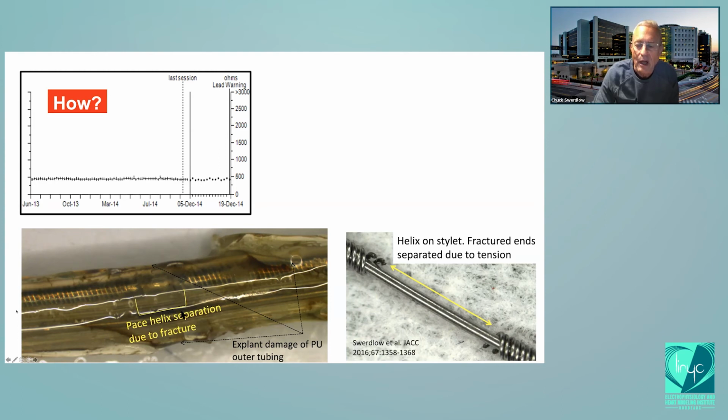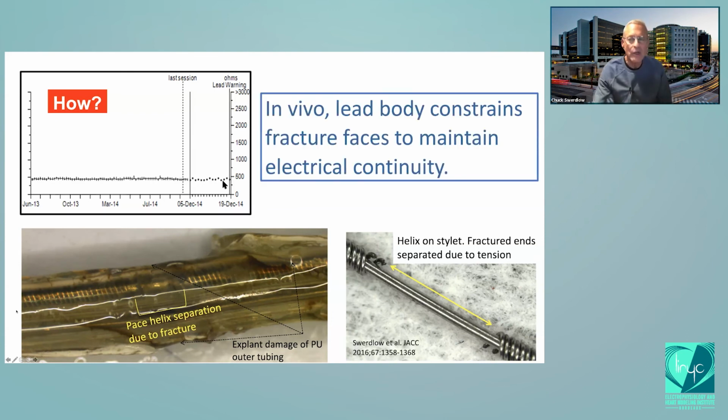And if we remove the plastic, there's just nothing holding it together except the stylet through there. But the impedance was completely normal. Why is that? Because in real life, most of the time, the lead body will constrain the fracture faces to stay next to each other to maintain electrical continuity.